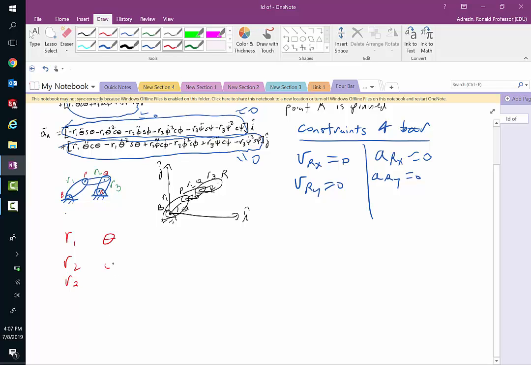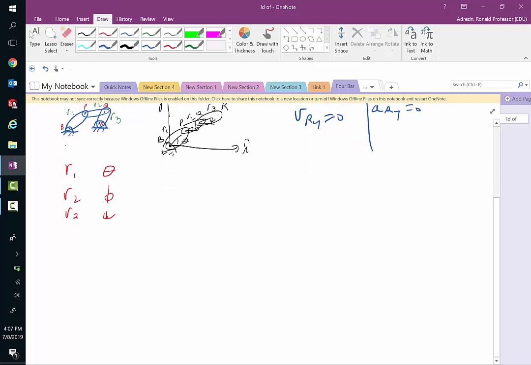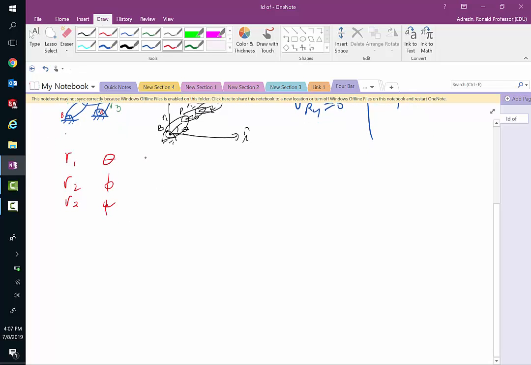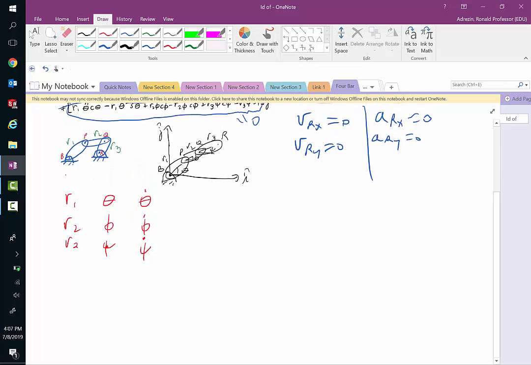I have theta, phi, and psi. Theta dot, phi dot, psi dot. That's if I just have velocities. I have two equations, so I have a maximum of 2 unknowns.